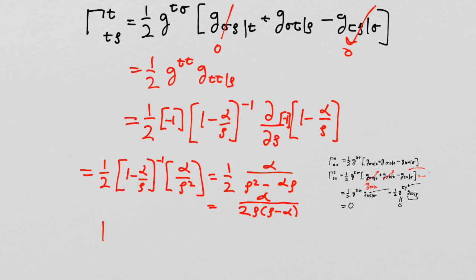So ultimately that is our answer for this one, where we write Γ^t_tρ equals α over 2ρ minus α. What's obviously interesting here is that α is sort of a standard of the size of the problem.